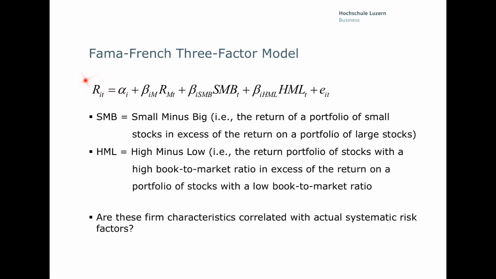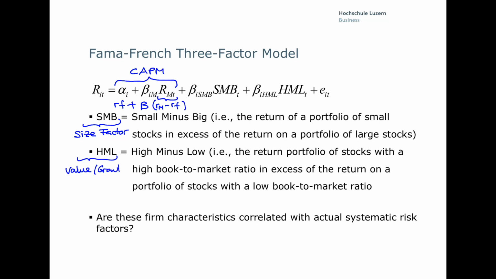Now you can see that the first part is equal to the CAPM: the risk-free rate plus a beta times the market risk premium. The second term is a size factor, small versus large companies, and the third factor is value versus growth stocks.